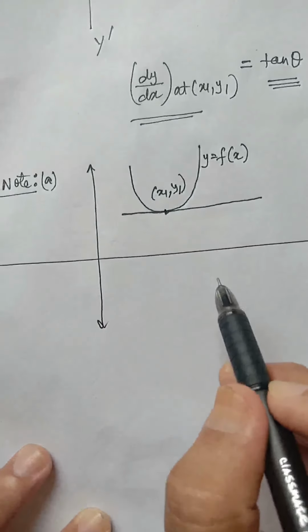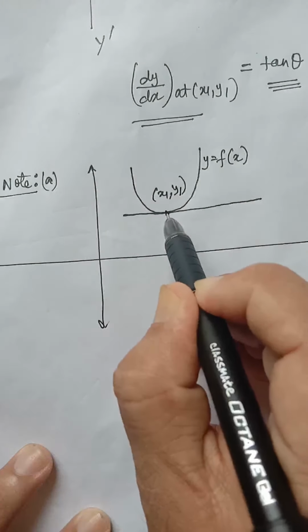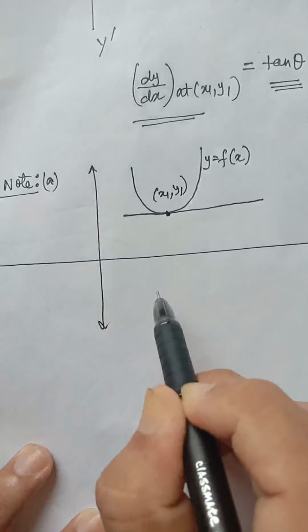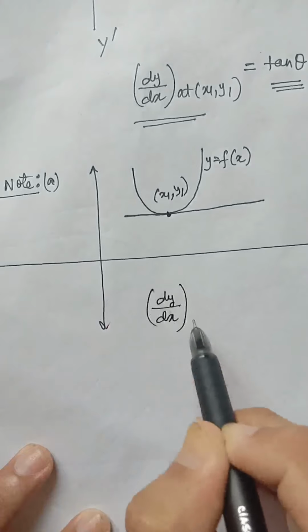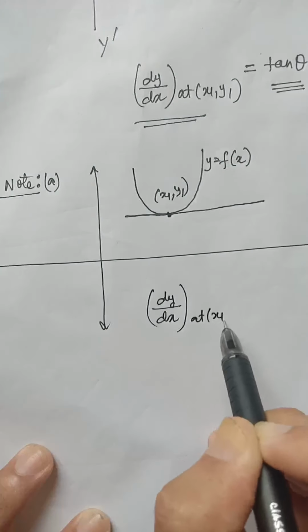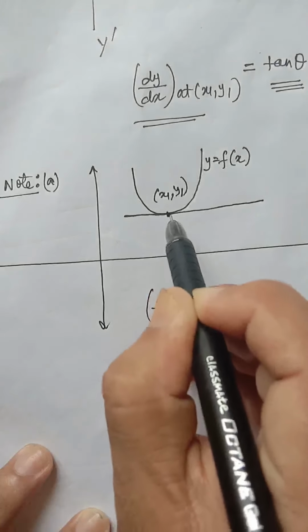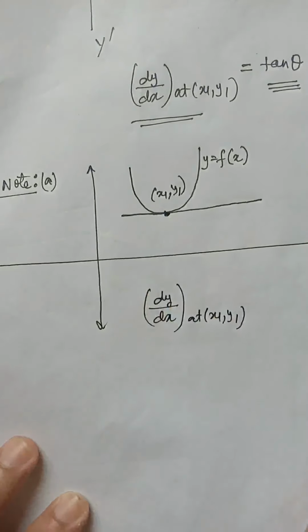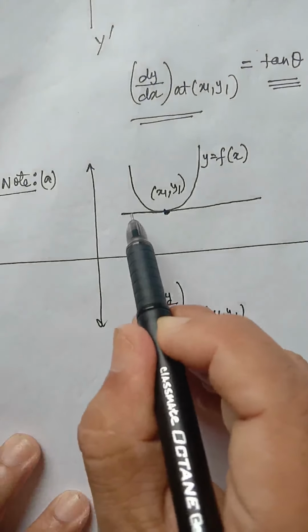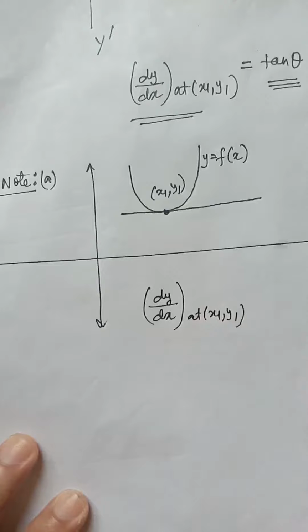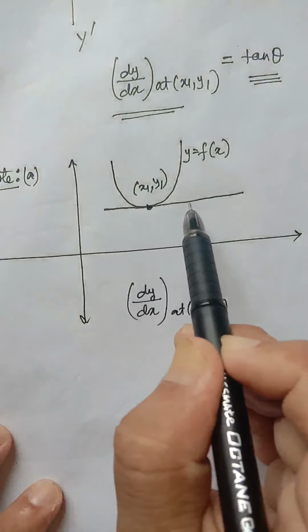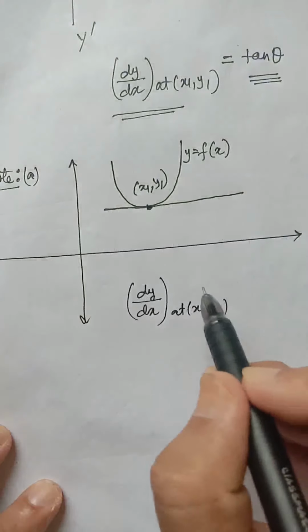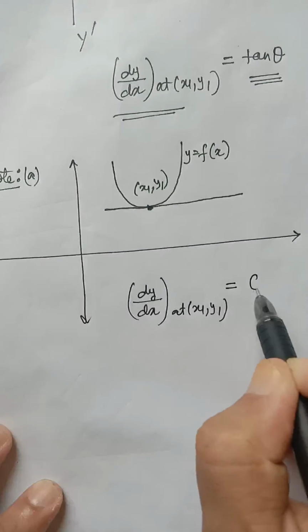Now at the point (x1, y1) we have drawn the tangent, so its slope will be dy/dx at (x1, y1). Now we know if a line is parallel to the x-axis, its slope will be 0. So the slope of the line is equal to 0.